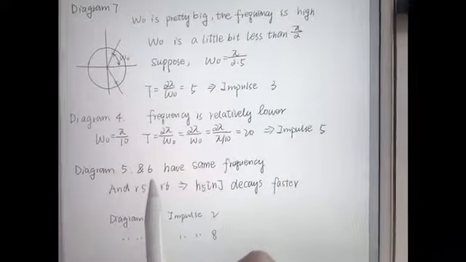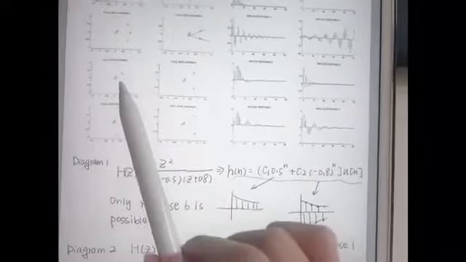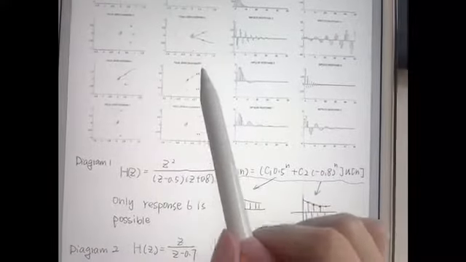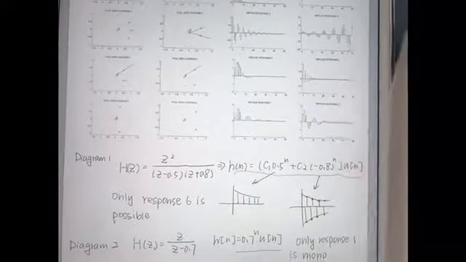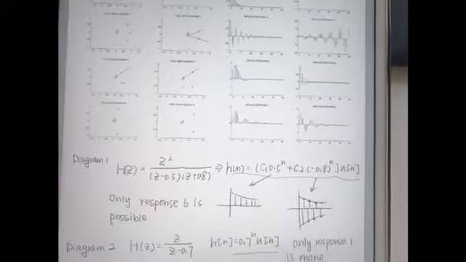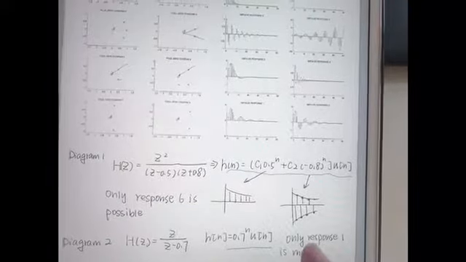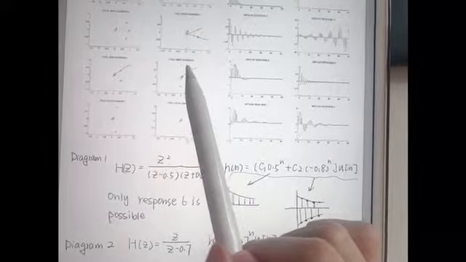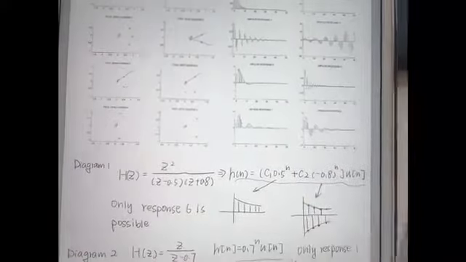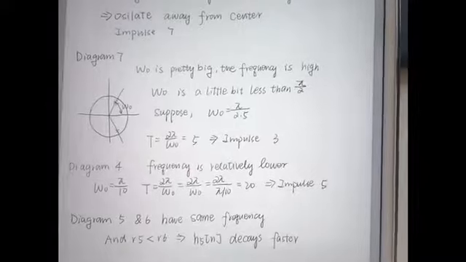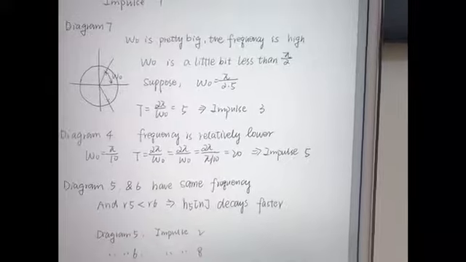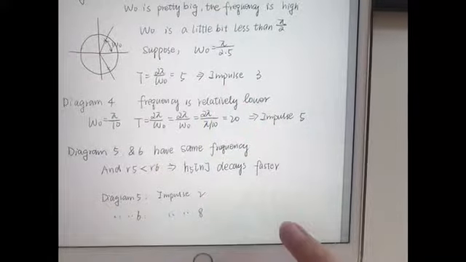And now only diagrams 5 and 6 are left. Have a look at 5 and 6. It looks like they have the same frequency. But the pole magnitude in diagram 6 is larger than in diagram 5, so it will make the system decay faster in diagram 5.